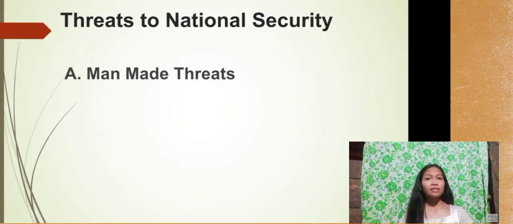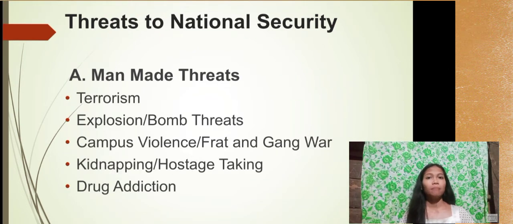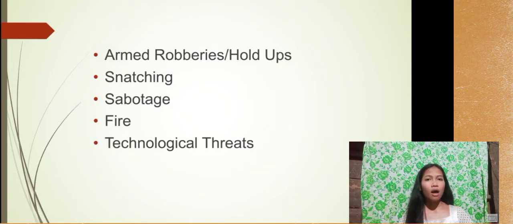So this includes terrorism, explosion or bomb threats, campus violence, fraud and gang war, kidnapping, hostage-taking, drug addiction, armed robberies, hold-ups, snatching, sabotage, fire, technological threats.